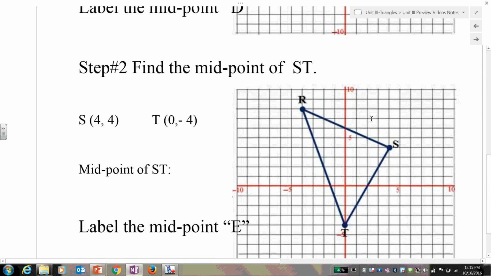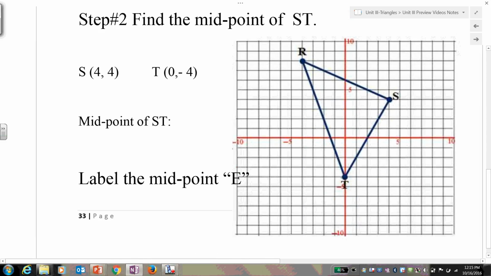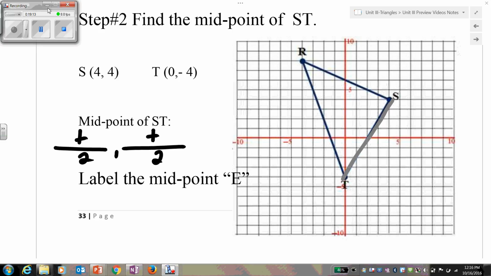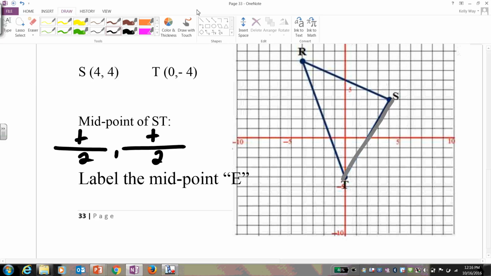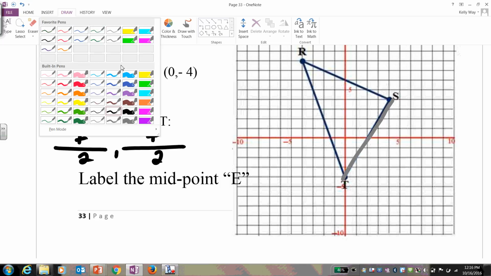Now we're going to find the midpoint of ST, going this way. We're going to make our midpoint equation. There's our template. We're going to circle our x's and box our y's.